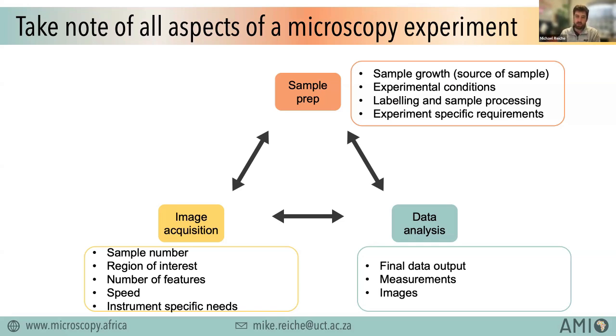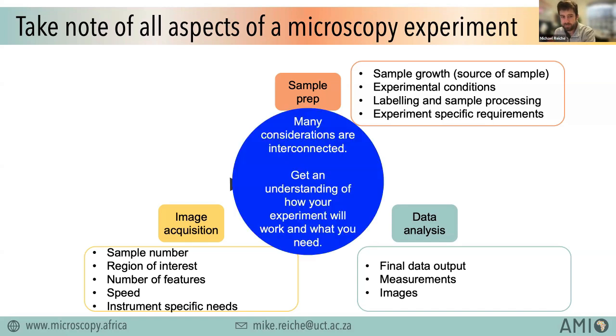They have to be considered all together. You will find instances where your data analysis needs dictate what has to happen with your sample prep. In the same way, some of your sample prep restrictions will dictate what is possible with your data analysis. So you kind of have to maintain this holistic view of what you're trying to achieve with your microscopy experiment.